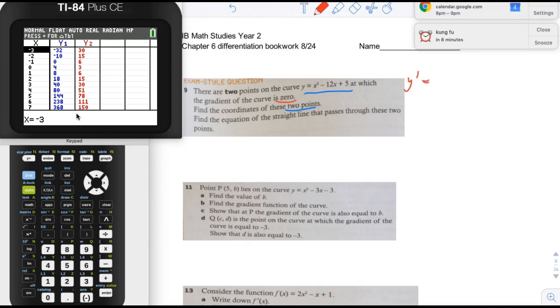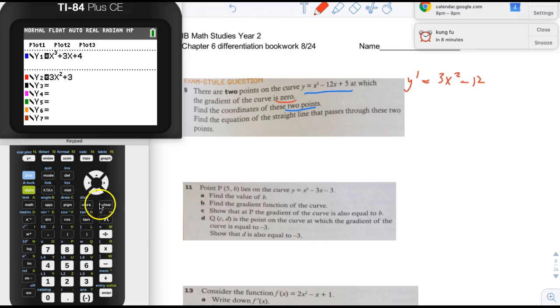Let's see, the derivative of x cubed is 3x squared. The derivative of minus 12x is minus 12. And the derivative of plus 5 is just 0. So now I'm going to put the blue function and the red function in the calculator. So we're going to have x cubed minus 12x plus 5.